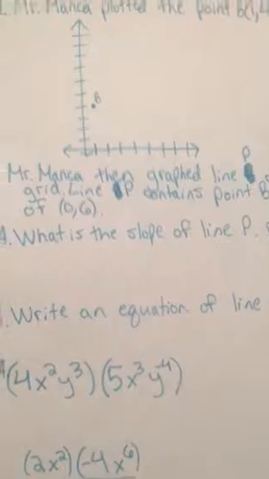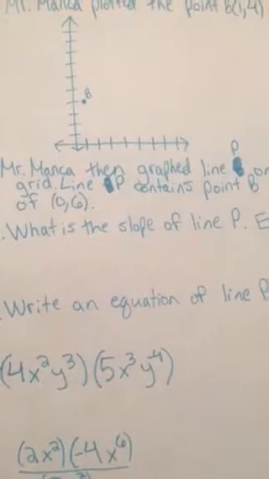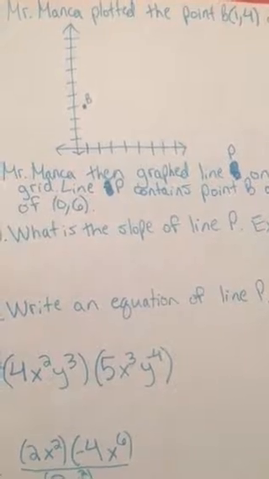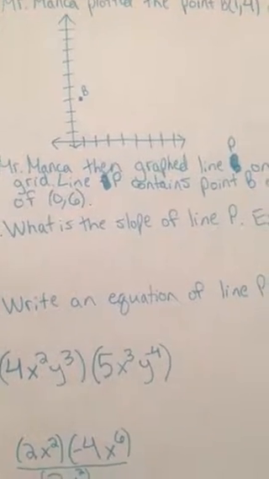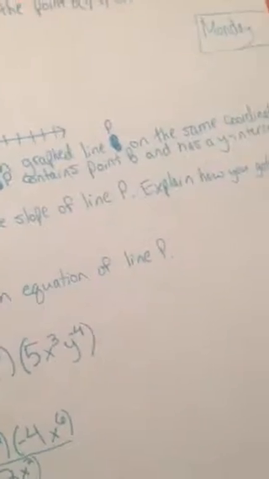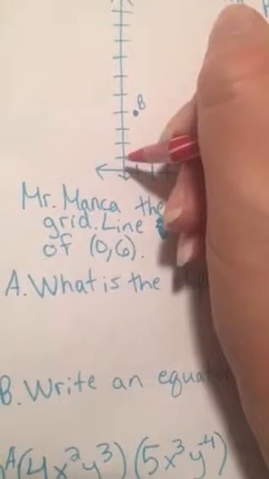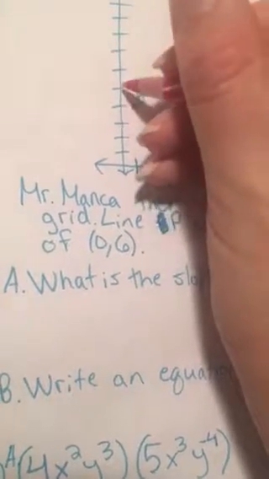So let's think about, what do we know about line P? It contains point B, meaning my line is going to go through point B, and it has a y-intercept of (0, 6). So I'm going to go ahead and plot (0, 6). So 0, 1, 2, 3, 4, 5, 6.